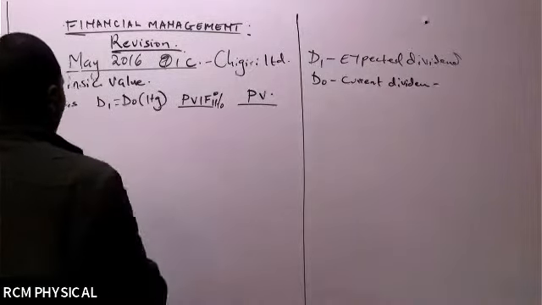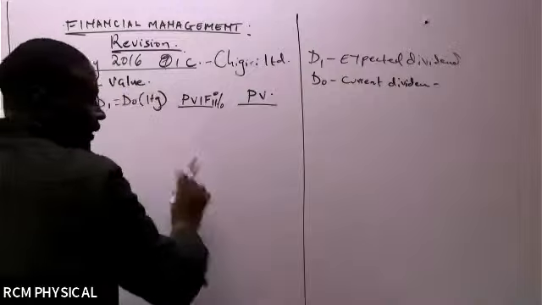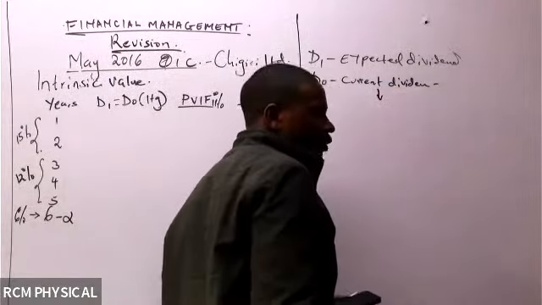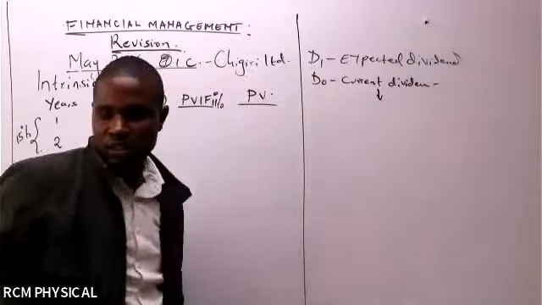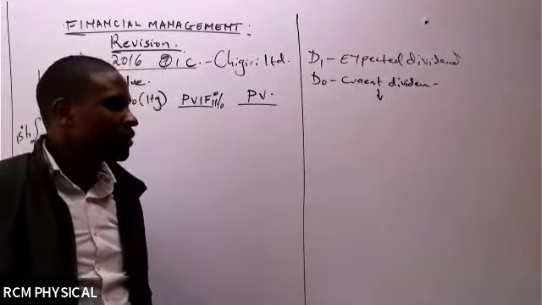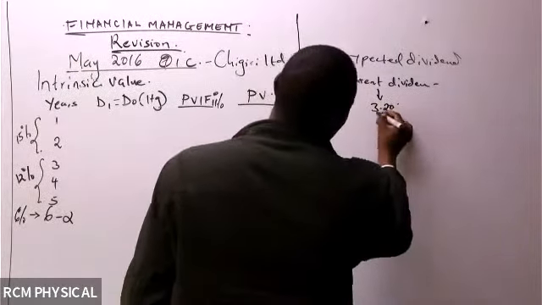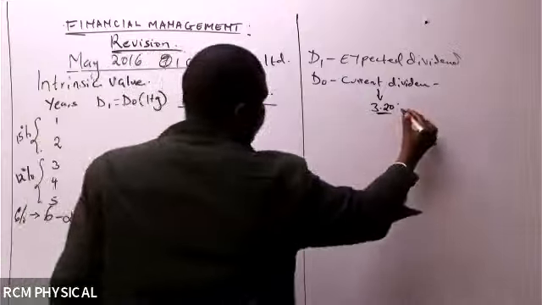So we need to get our D1 and we have our D0. What is our current dividend, class? It is 3.2. That is our current dividend, and this is what we are growing.